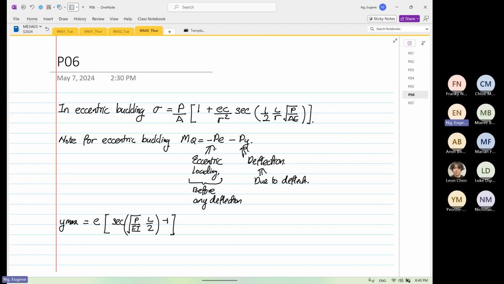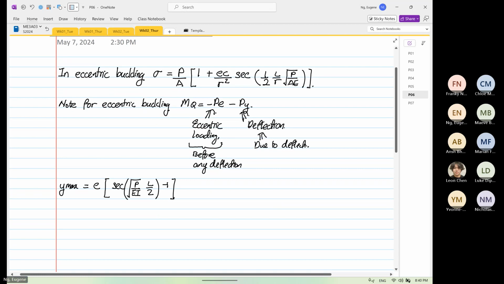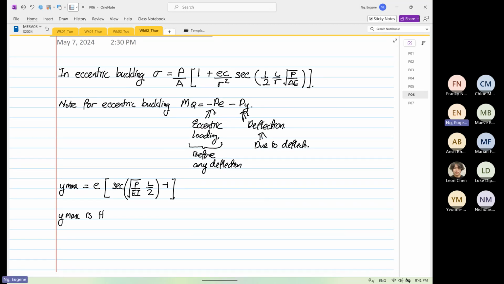So what does all this actually mean? Y max is the maximum deflection that occurs at mid span, i.e. L over 2.